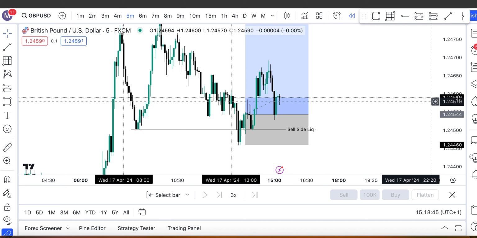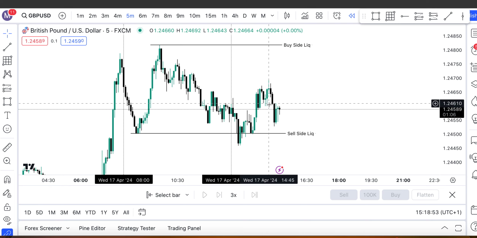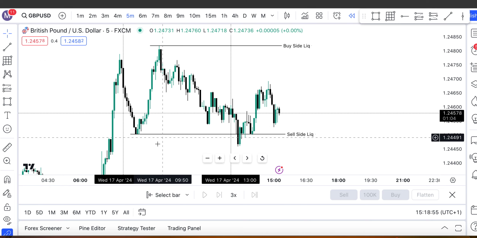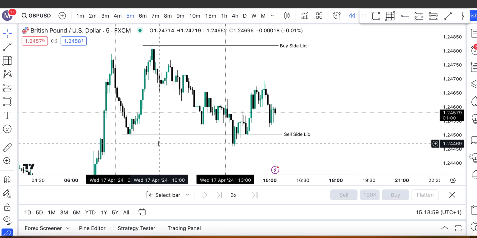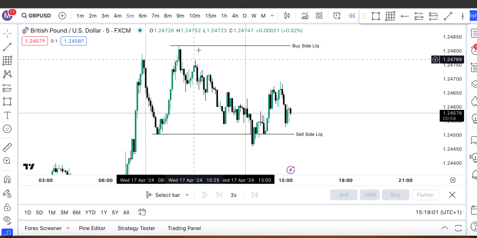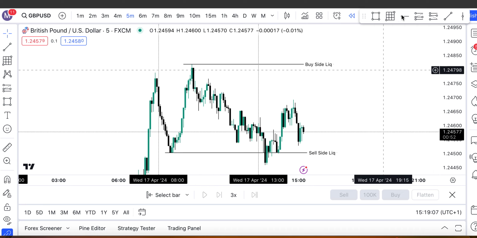So you see how we can take trades based off liquidity, as in previous day's high and lows, and also previous session highs and lows. Because these all act as great liquidity. Let's go back to Asia session.